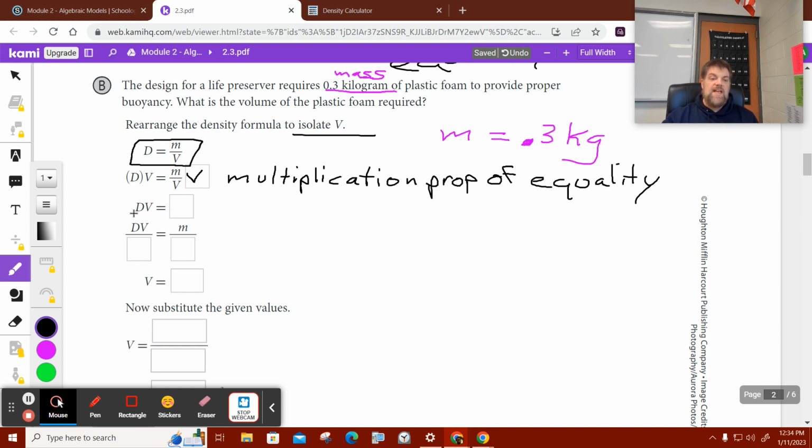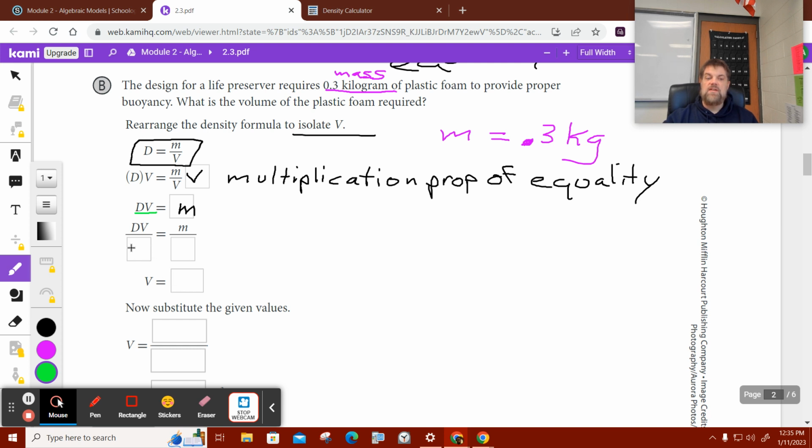Well, when I do that, I get dV equals M, but they want me to isolate the V. So if I look over here, I want to get the V by itself. What's by the V? D. What is D doing mathematically to the V? Multiplying. So to get rid of D, what do I need to do? The inverse of multiplying.